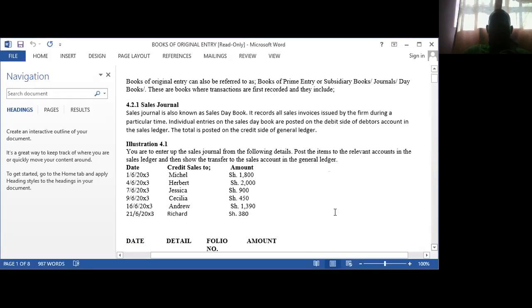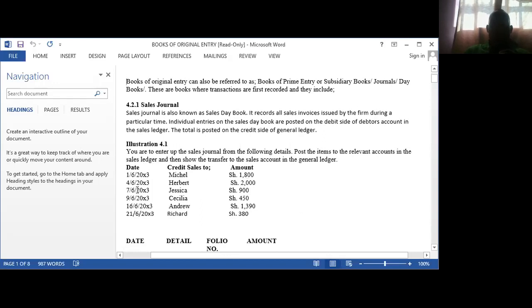We have an illustration here where you are to enter the sales journal from the following details. Post the items to the relevant accounts in the sales ledger, and then show the transfer to the sales account in the general ledger. Here you are told: 1st June, goods were sold to Michael on credit, amounting to 1,800.